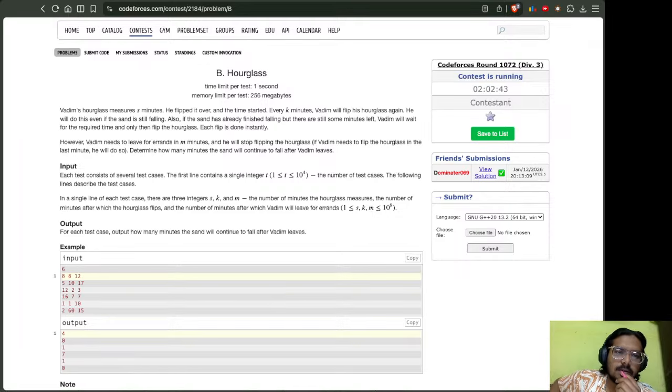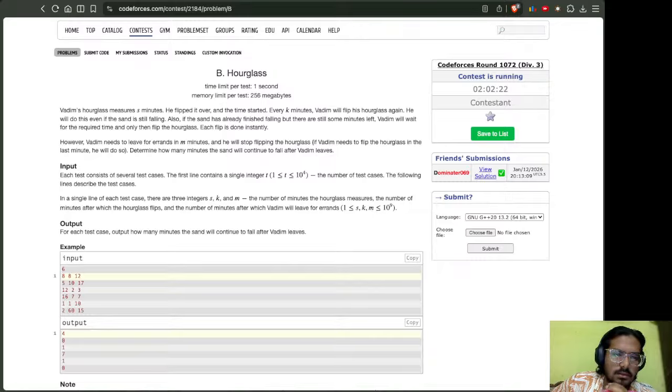You will do this even if the sand is still falling. Also, if the sand has already finished falling but there are still some minutes left, Vladimir will wait for the required time and only then flip the hourglass. Each flip is done instantly.